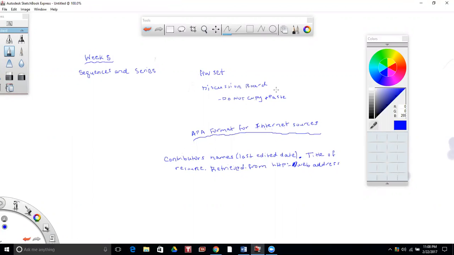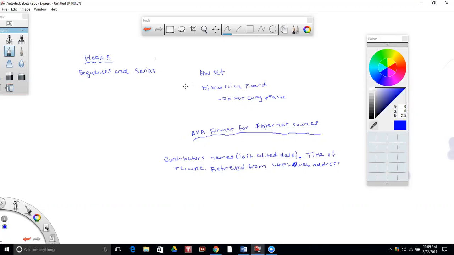The discussion board on sequences and series: give an application of either and explain how your application is connected to a sequence or a series by providing the formula used in your application. Please make sure you do not just copy and paste your example from a website into the discussion board as your post.